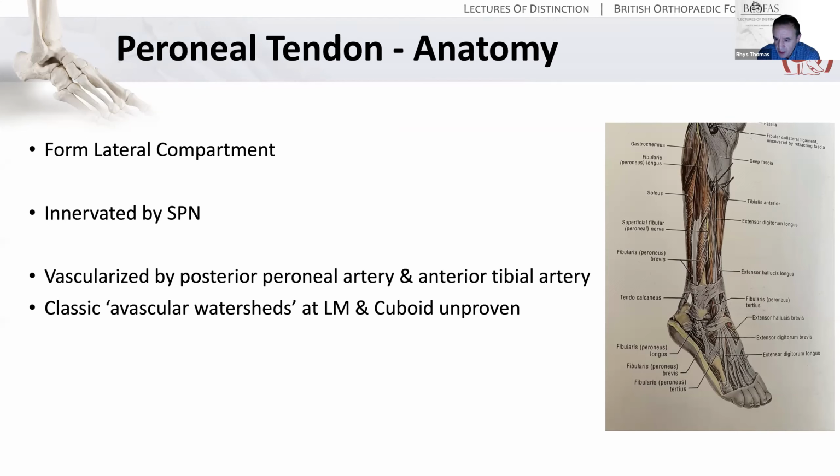Looking back through the literature, there were classic watershed avascular areas described in the peroneus brevis, just distal to the lateral malleolus, and in the peroneus longus, around the region where the tendon takes a 90-degree curve and runs underneath the cuboid. But more recent vascular studies have not confirmed that this is actually the case.